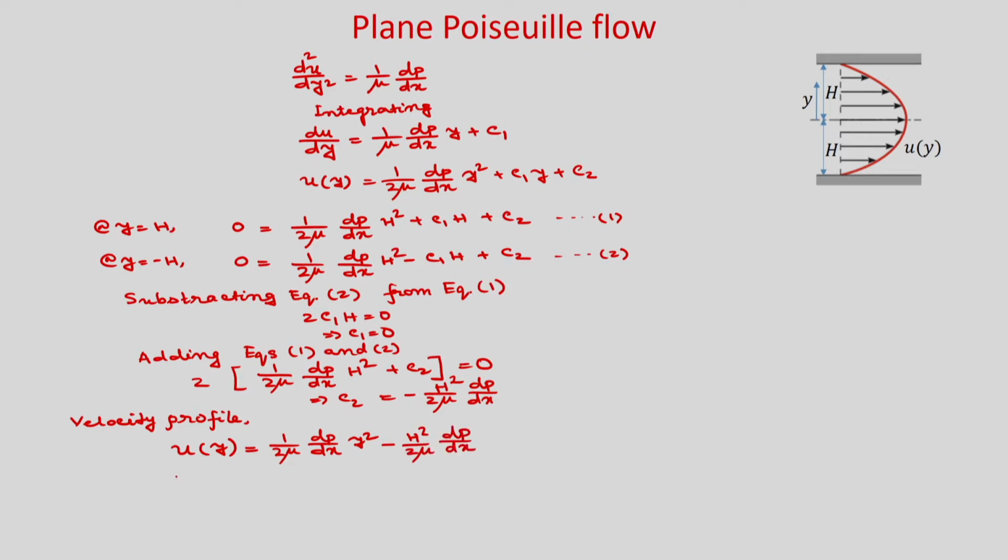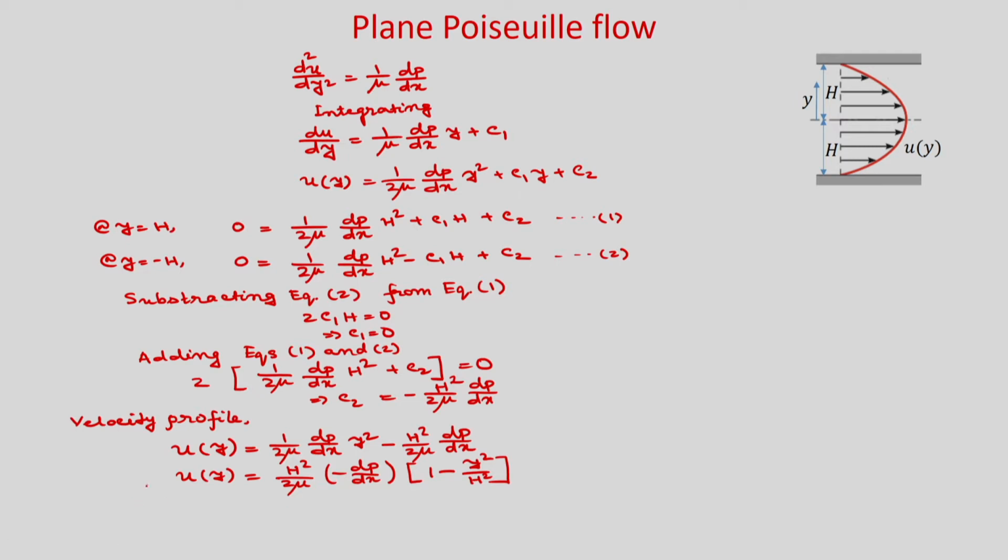So, this you can write u as h square by twice mu minus dp by dx, if you take it outside, then you will get 1 minus y square by h square. Okay. So, you can see that it is a parabolic profile.